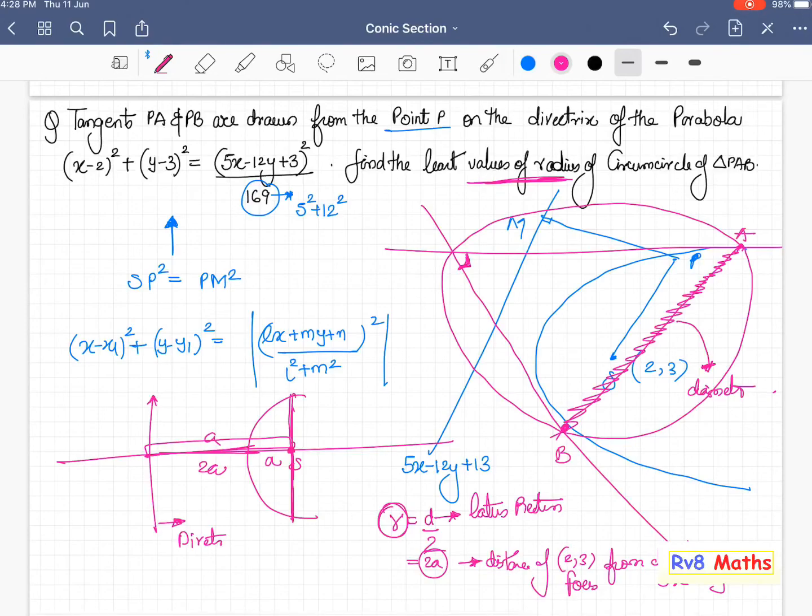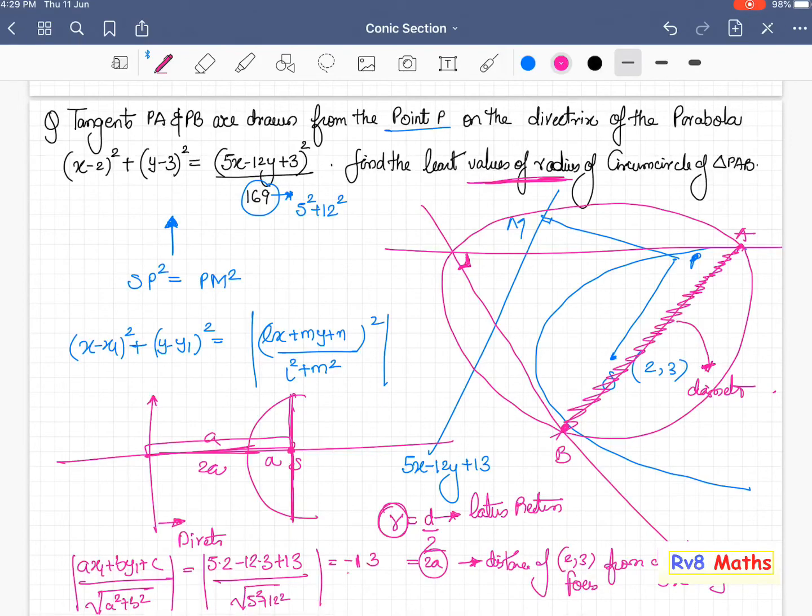Okay, so now how will we find its distance? Mod of ax1 plus by1 plus c upon under root of a squared plus b squared, right? So if I apply it, what will come? 5 into 2 minus 12 into 3 plus 13 upon 5 squared plus 12 squared. Okay, so 10 plus 13 minus 36. So that will be how much? 13 only. 13 upon 13 is 1.